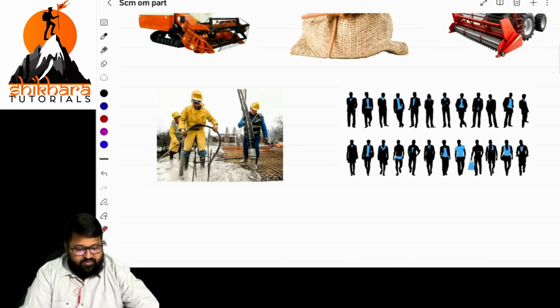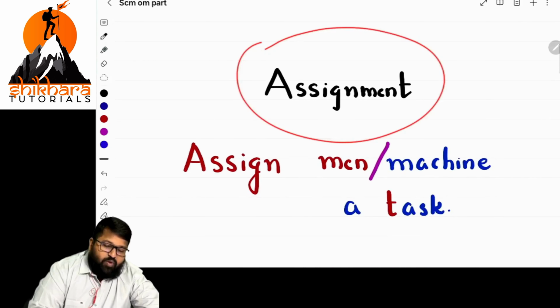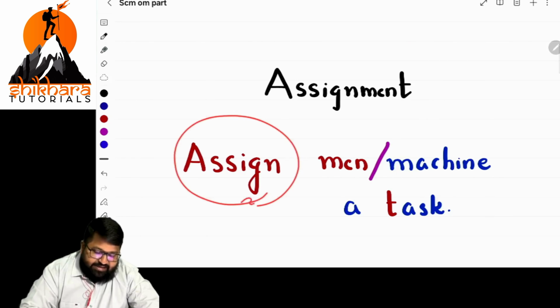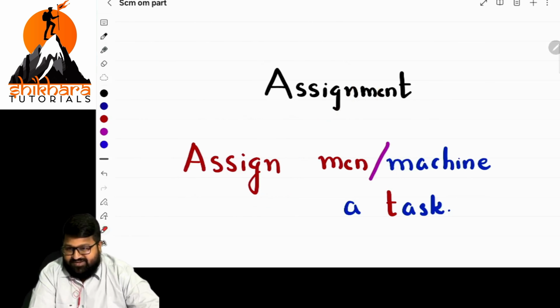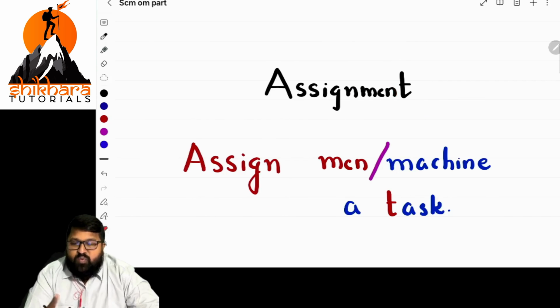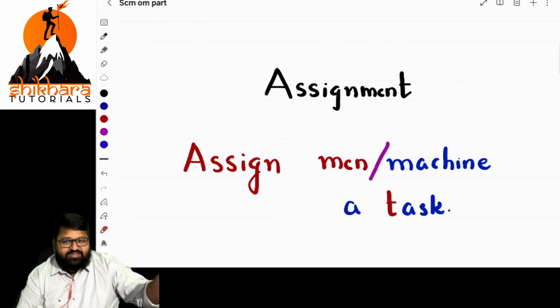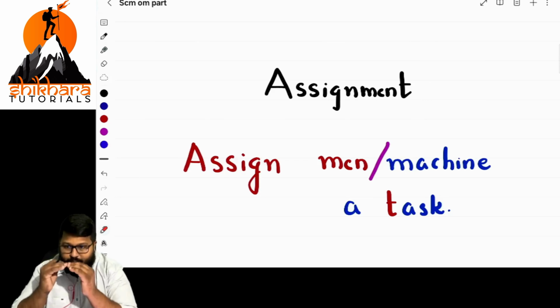Okay, so now this is the basic information, and to be clear, this assignment, if you bifurcate it into parts, is assign and M, where M stands for men or a machine, and T stands for task. So now we are doing what? We are assigning men or a machine a task, so that our cost is minimized or optimized.